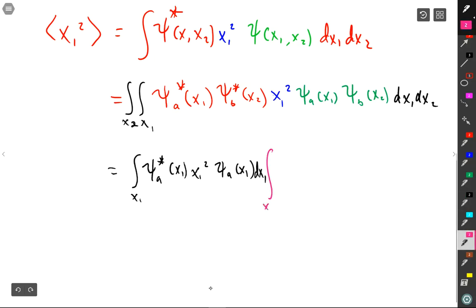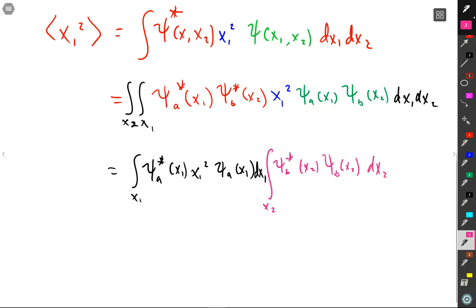Then integral over x2. Now when I put the subscript of x1 and x2, I'm just indicating which integral sign it is, of psi b star x2, there's no operator there, psi b x2 dx2.